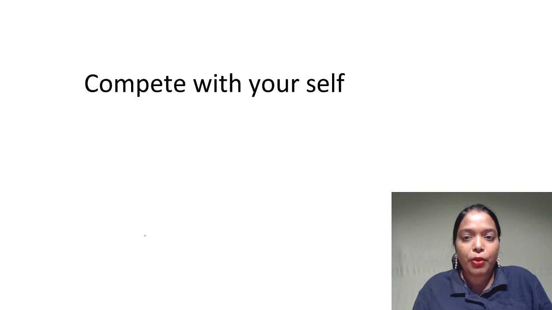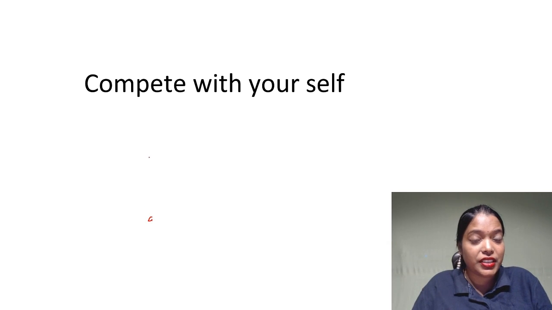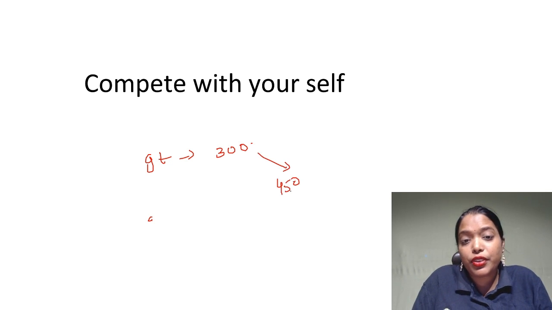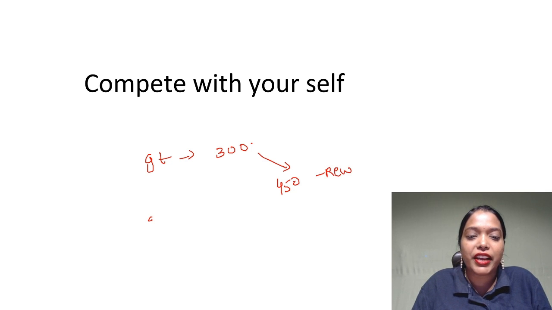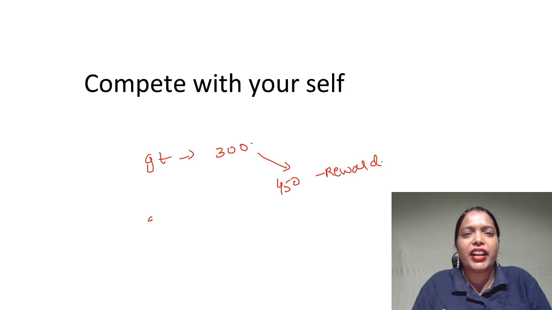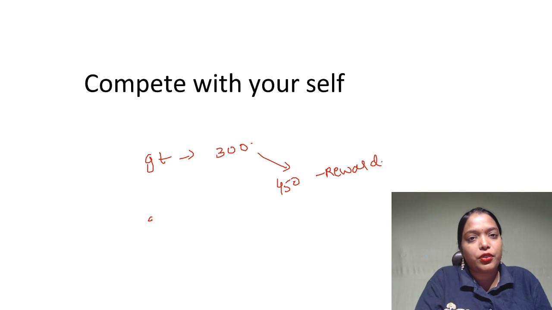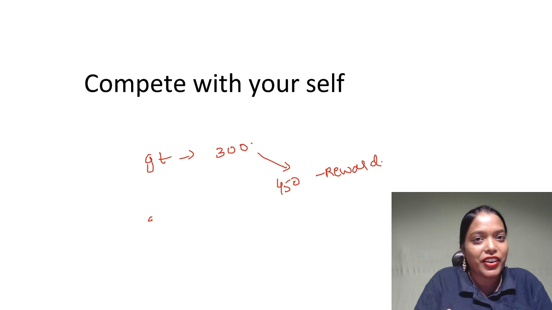So give GTs every week, guys. Say this GT I got 300. I used to keep a target for myself that the next GT I should get 450. And if I achieved this, I used to reward myself, guys, with whatever I like, a small chocolate or whatever you want, a chat with your girlfriend or boyfriend.